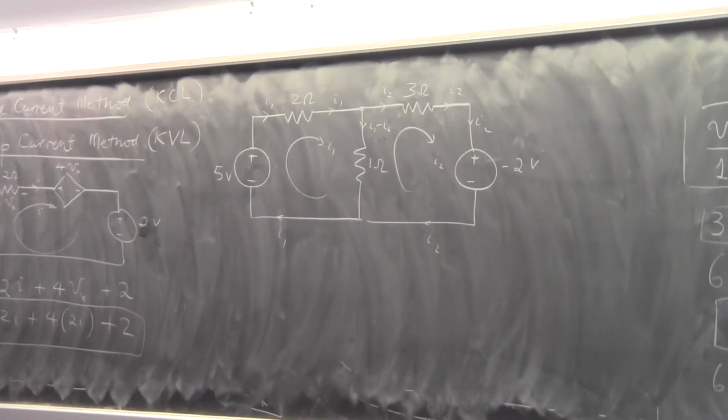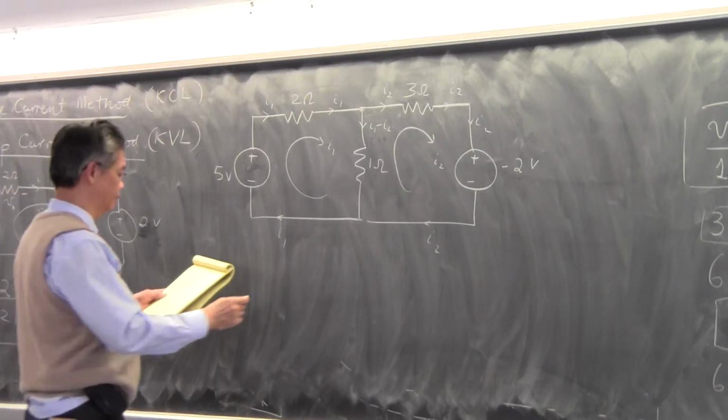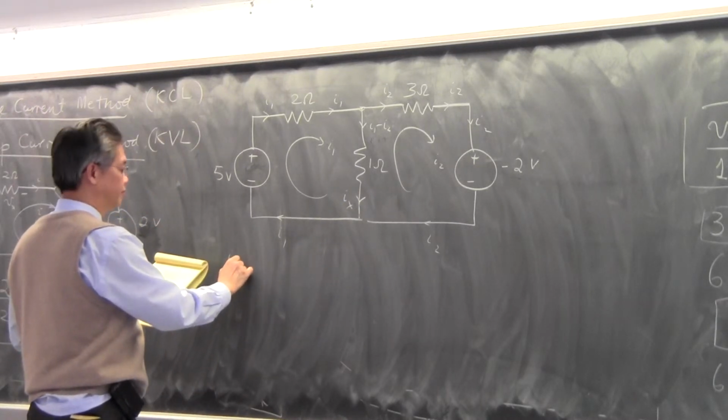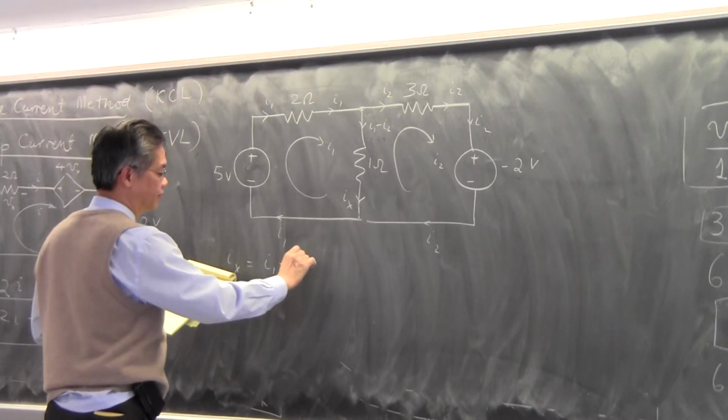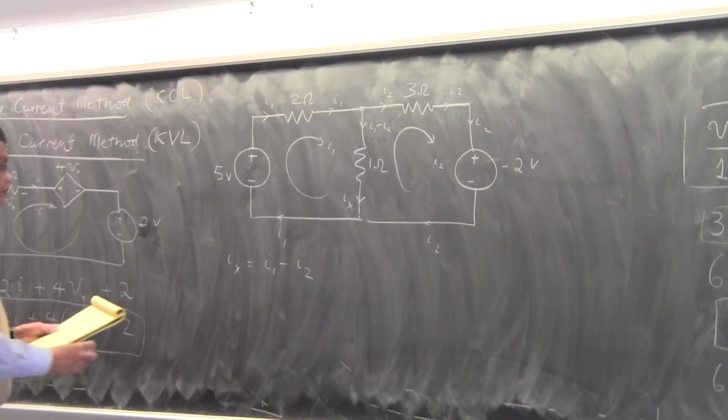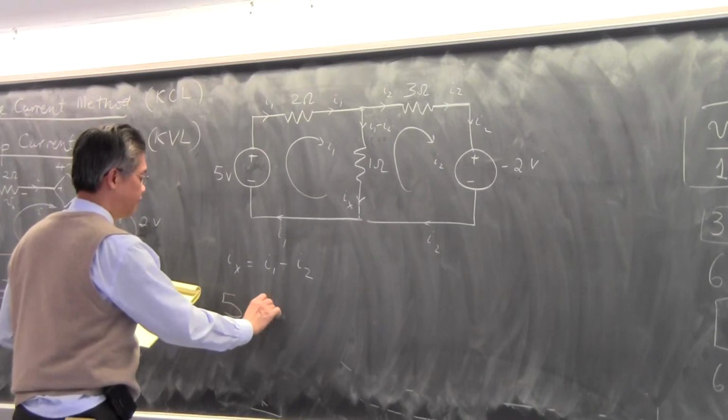So, in fact, you can see that Kirchhoff's current law is automatically satisfied at that node over there. Then you write the Kirchhoff voltage law. Let's call this current Ix. Ix is I1 minus I2. That's what the textbook calls it, and it's just the current flowing down that branch, which is common between the two loops. And then we apply Kirchhoff voltage law to one of the loops.